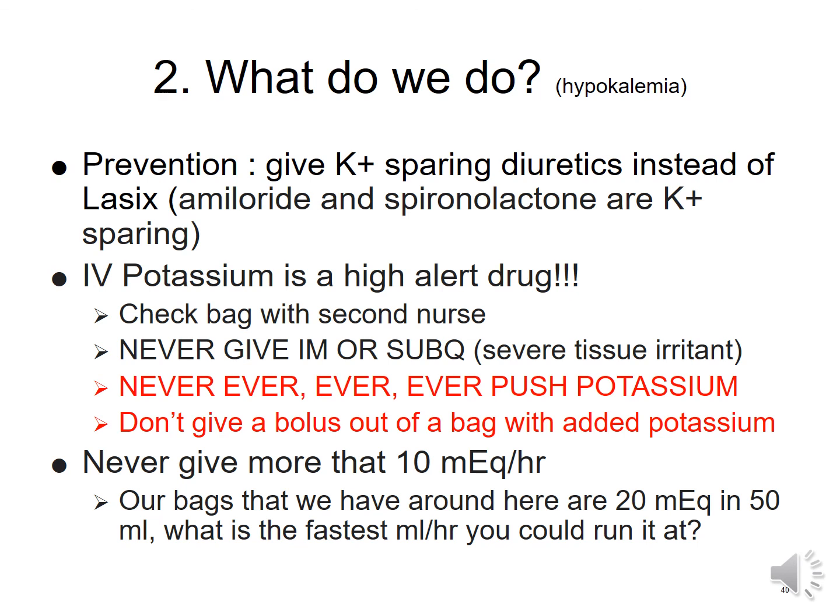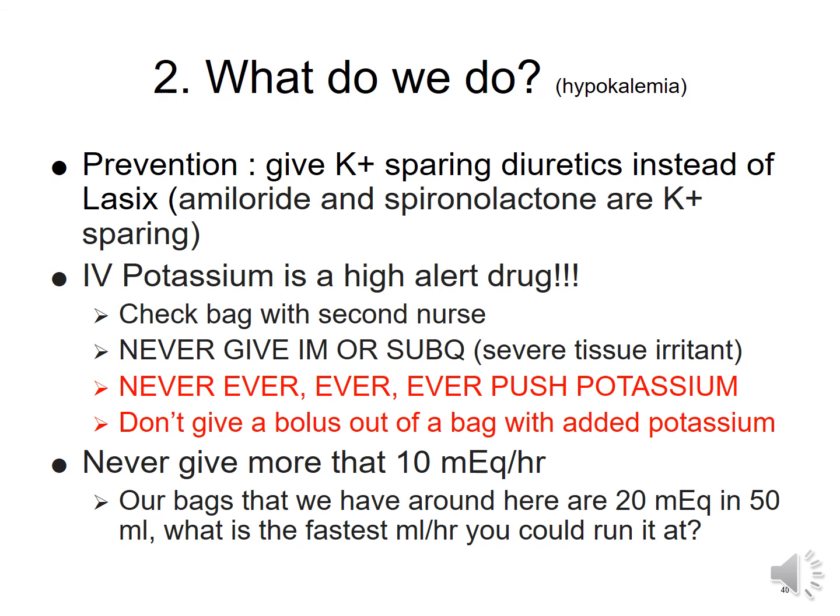And remember that IV potassium is a high alert drug, which means you have to check it with a second nurse. You never, ever give it IM or sub-Q because it's a severe tissue irritant. And you never, ever push potassium. And you don't give a bolus out of a bag either that has potassium added to it.